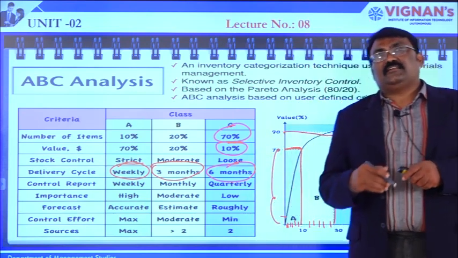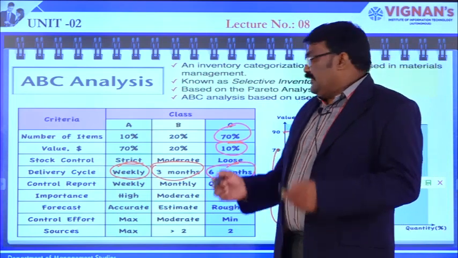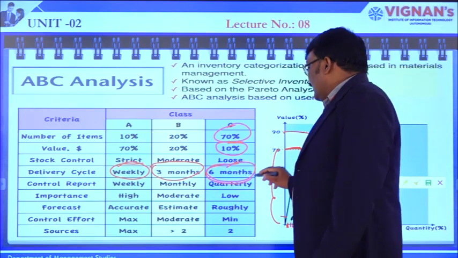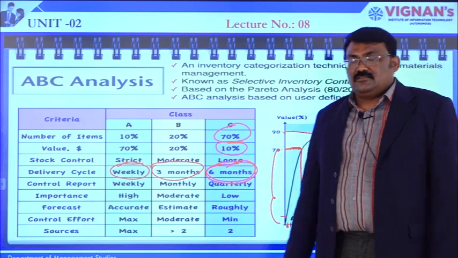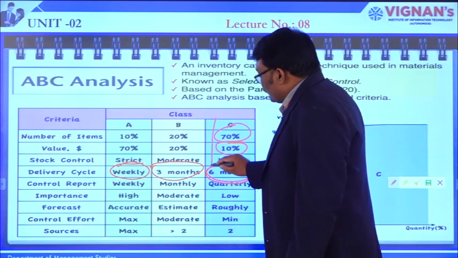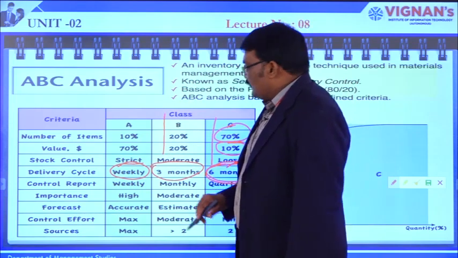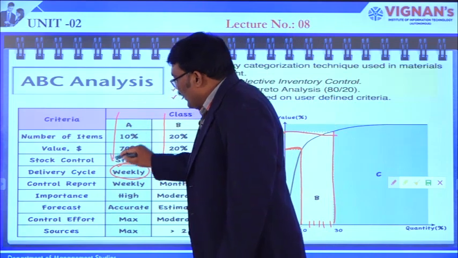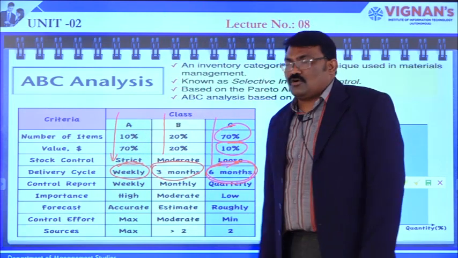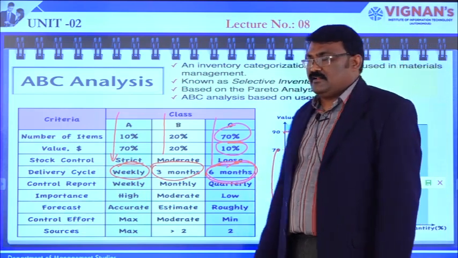Instead of concentrating more and more on that C category, it can be purchased once in a while, so that it avoids our concentration on this, and finally we would be able to concentrate hugely on category A type of raw material.